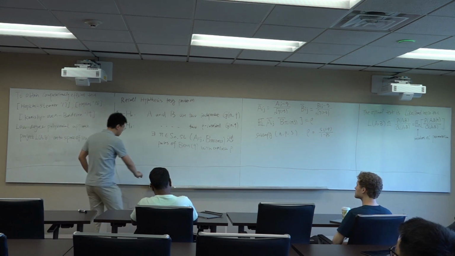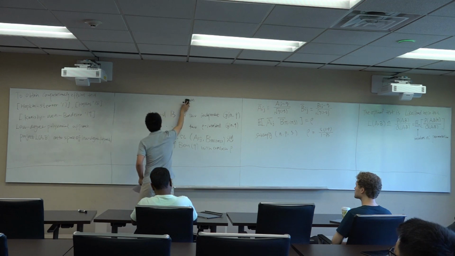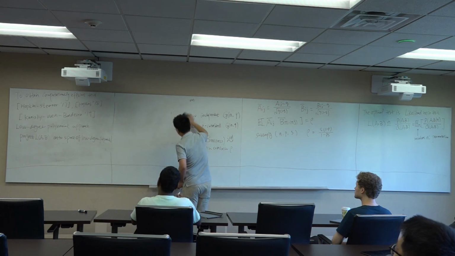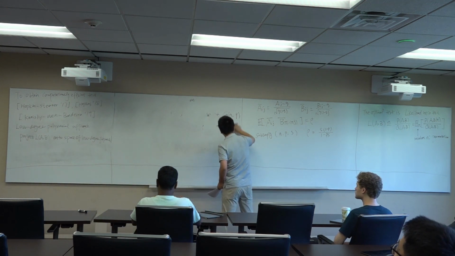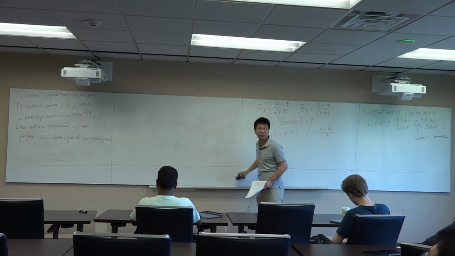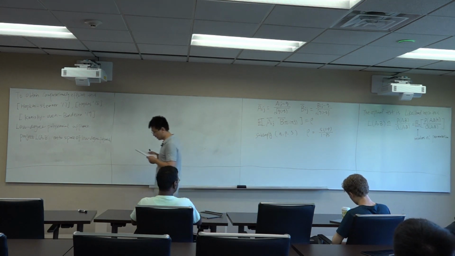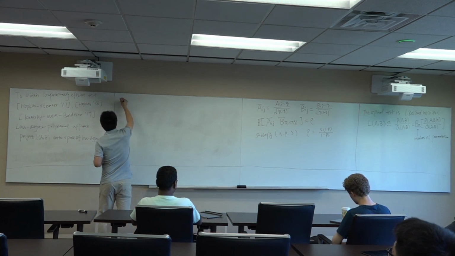And the hope is that to compute these low degree polynomials, you can do it more efficiently instead of directly computing the likelihood ratio. Sounds good. Feel free to interrupt me if you have any questions or you want me to clarify a little bit.